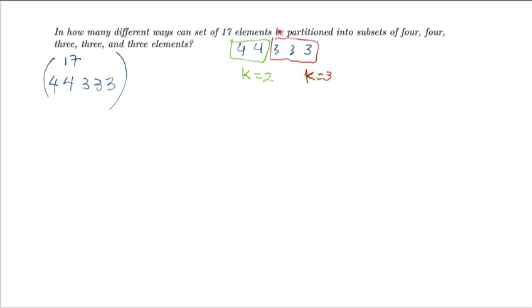Again, I don't have team 3A, team 3B, team 3C. It doesn't matter if the 3 persons are in the leftmost of the room, in the middle or in the right. The groups are indistinguishable, okay?